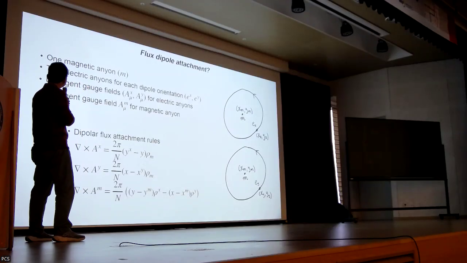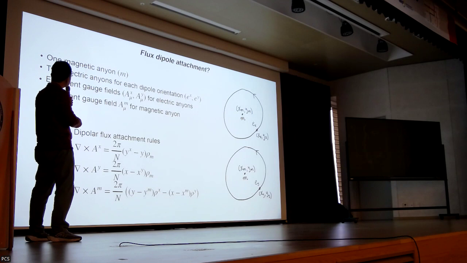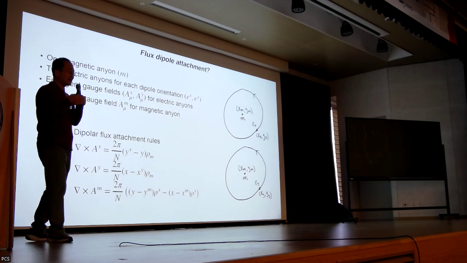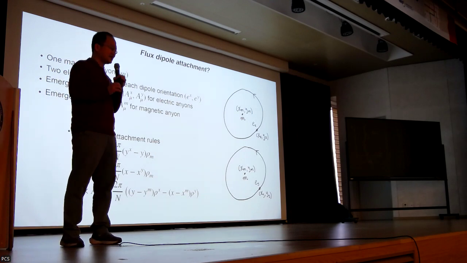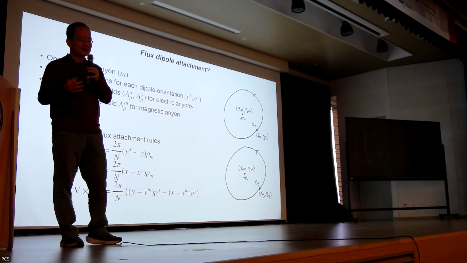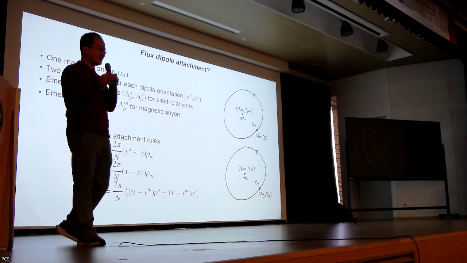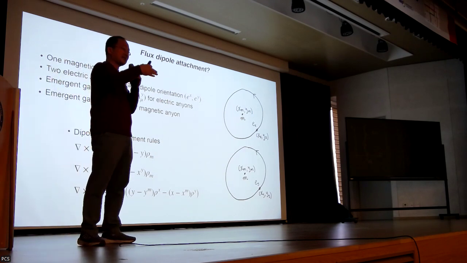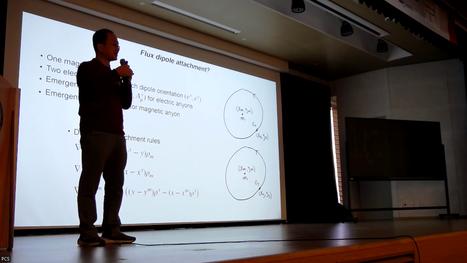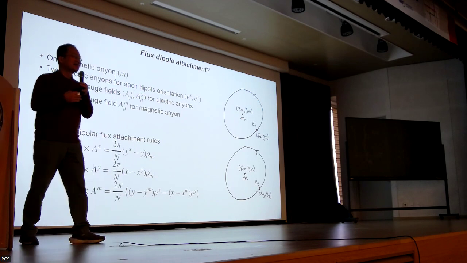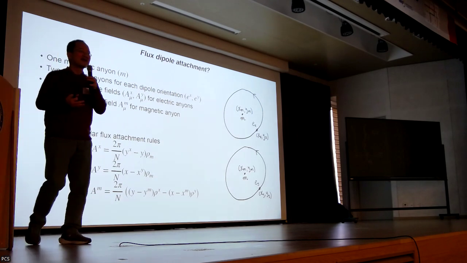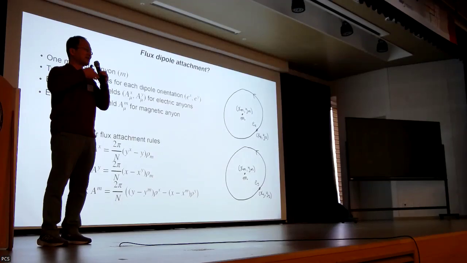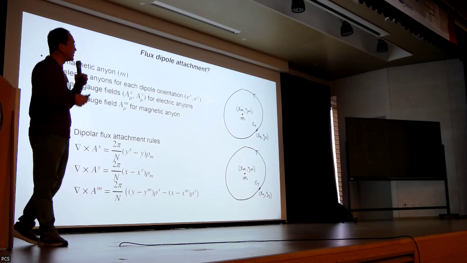Okay, so in this dipolarized version of the anyon theory, I introduce some E anyons and N anyons. And recall that in 2 dimensions, you have 2 orientations of the dipole moment. So there's an X dipole moment and a Y dipole moment. So perhaps it shouldn't come as too much of a surprise that with anyons, there's also an X-oriented anyon and a Y-oriented anyon.